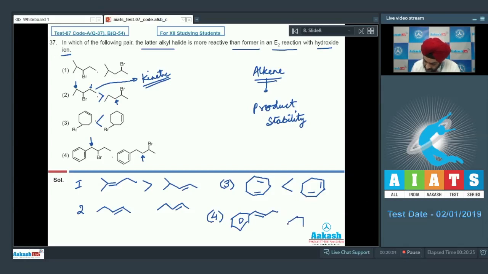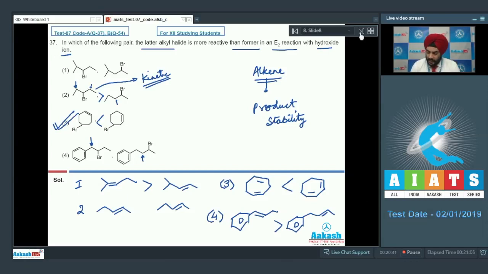Whereas in the second structure, we are not going to have the formation of a conjugated system. So again, in this case also, the first substrate will be more reactive towards E2 elimination. Looking at the options, the examiner seems to be interested in that pair in which the latter is more reactive than the former, which is given correctly in the third option, and we have to select option 3 as the correct answer to question number 37.